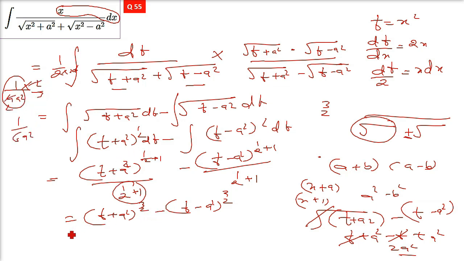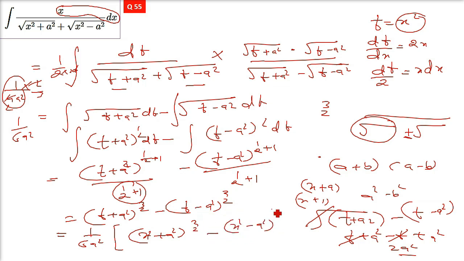This 1 by 6a square will be here, and the whole inside is going to be x square plus a square to the power 3 by 2, because I'm replacing t by x square now, minus x square minus a square to the power 3 by 2, plus the constant of integration, of course. So this whole is your final result.